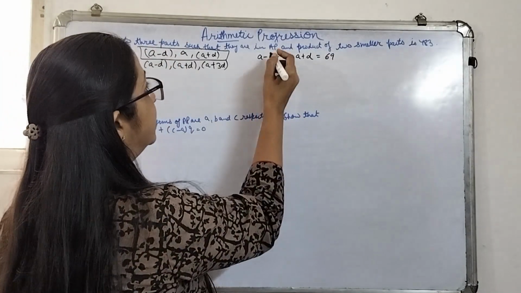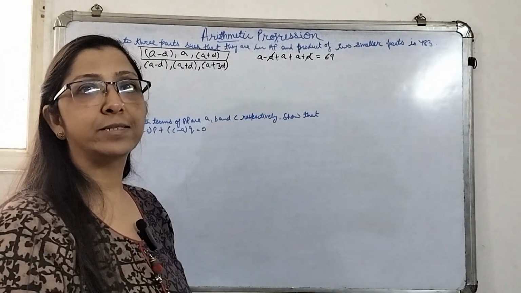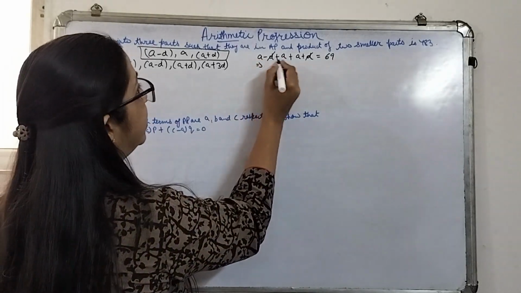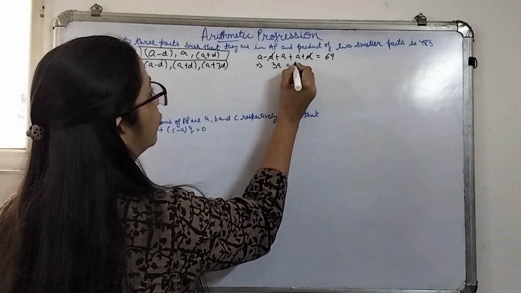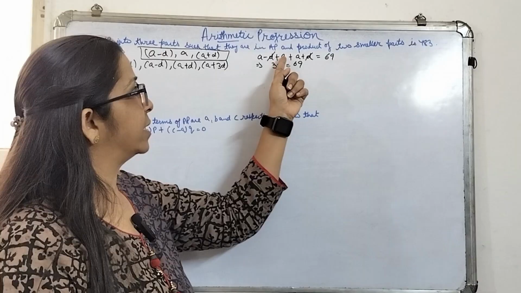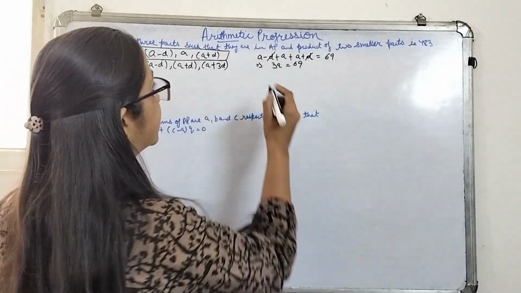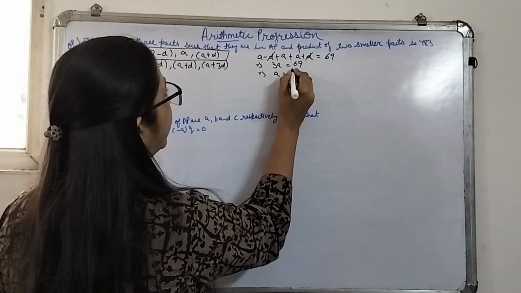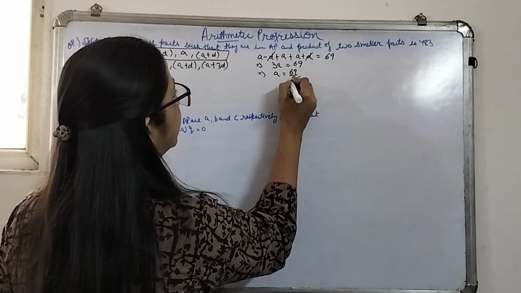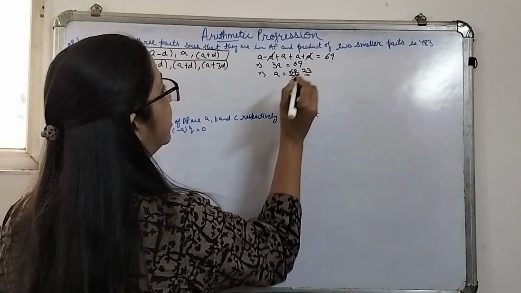Now see over here that minus D plus D are going to cancel and it will be 3 times A equal to 69. A plus A plus A will be 3 times A, and 3 times A is 69. That means the value of A is 69 over 3, that is 23.